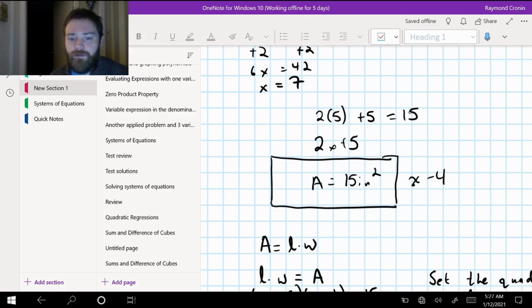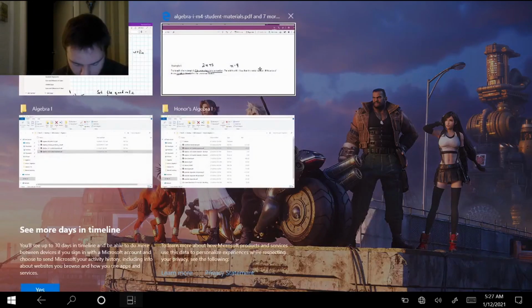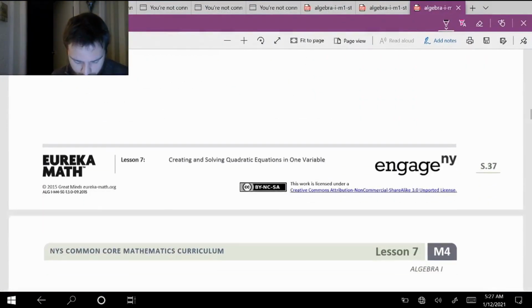So this side length is 15 inches. And then 5 minus 4 is going to be 1. So 15 inches times 1 inch is 15 inches squared. The length is 15 inches and the width is 1 inch. If you check your work, A equals L times W, and that does come out to be 15 inches squared. So the math works.